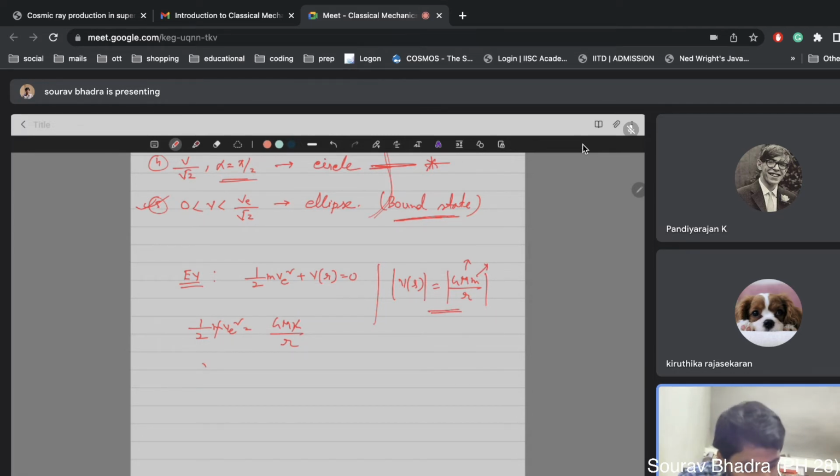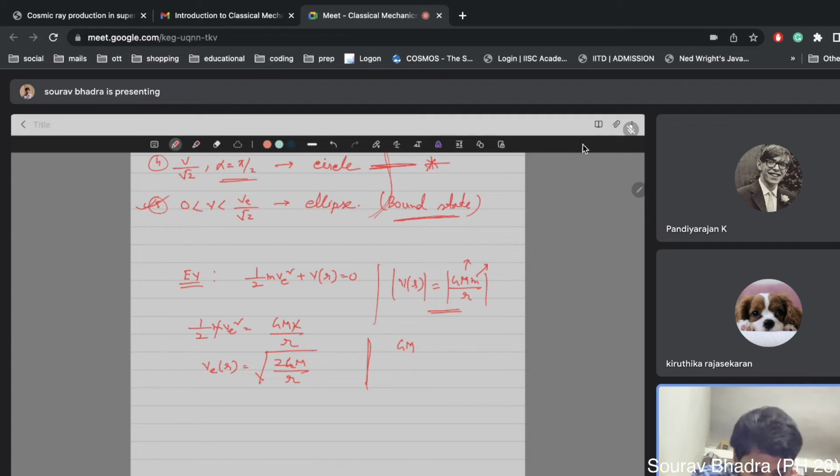So your v escape will be root of 2GM by r. Now I will use a particular formula that is coming from the gravitational chapter, and you have done it in class 12, I think.